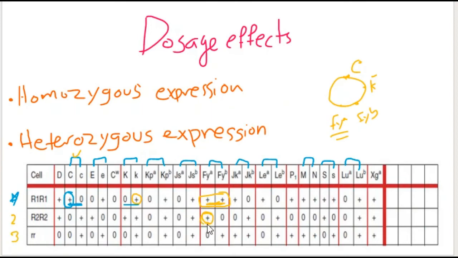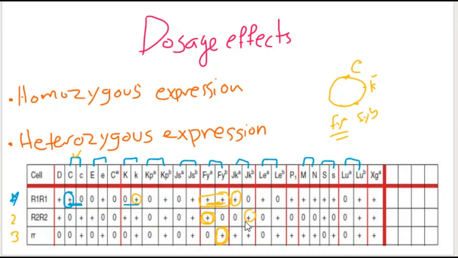Here it's homozygous for Duffy A, but here it's homozygous for Duffy B. So it's quite good. Also for Kidd, it's homozygous for Kidd A, and here for Kidd B. So they express these antigens homozygously between them. This is quite good.